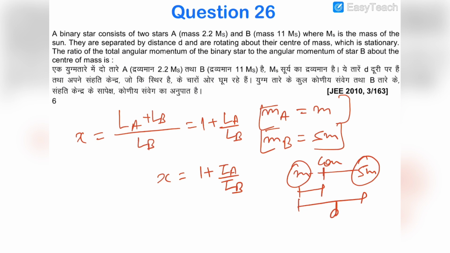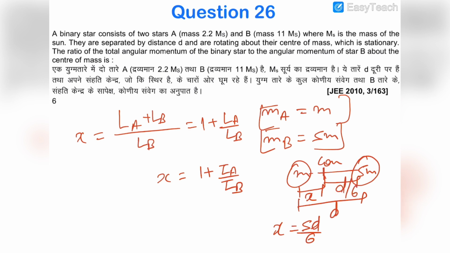So if we add up the ratio, it is 6, and if we divide D into 6 equal parts, then one part would be D by 6. In fact this distance can be directly calculated, it would be 5d by 6, and this remaining distance would be d by 6.